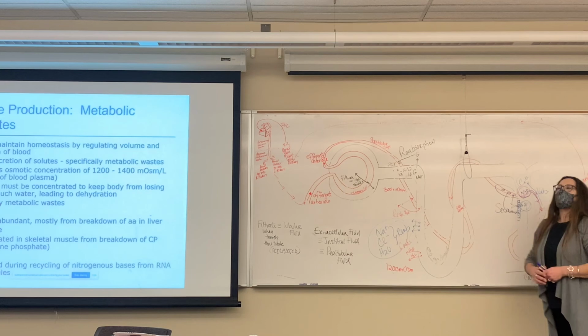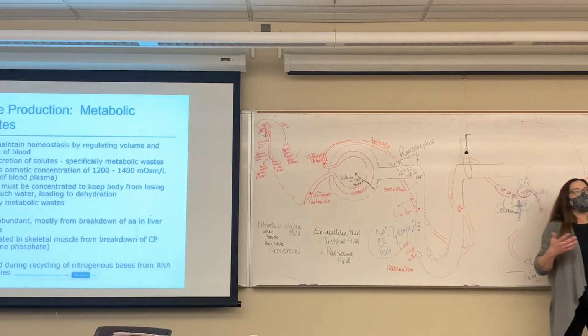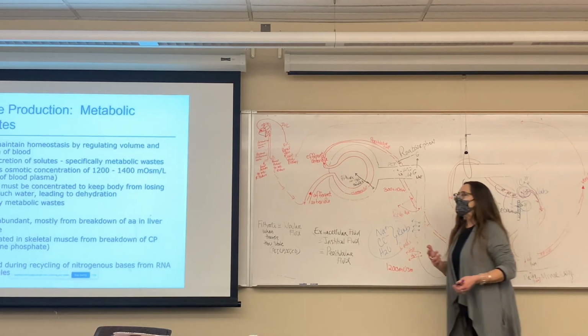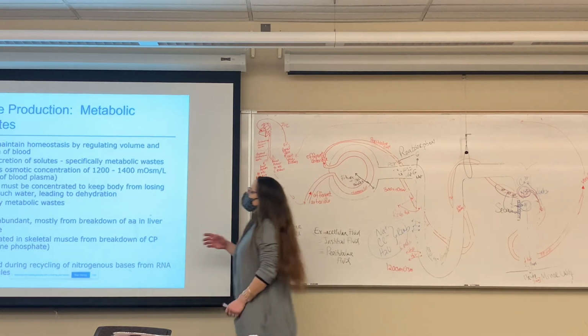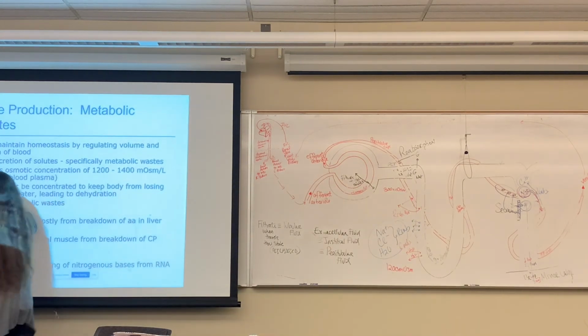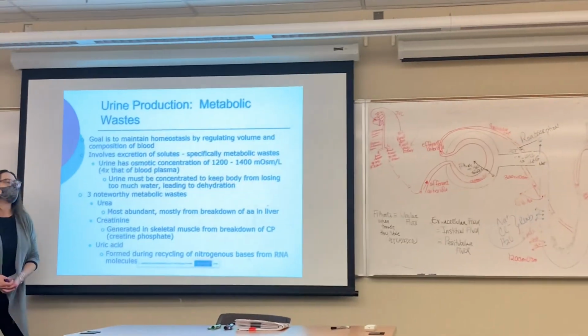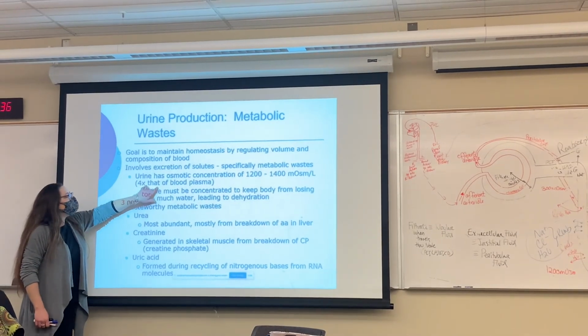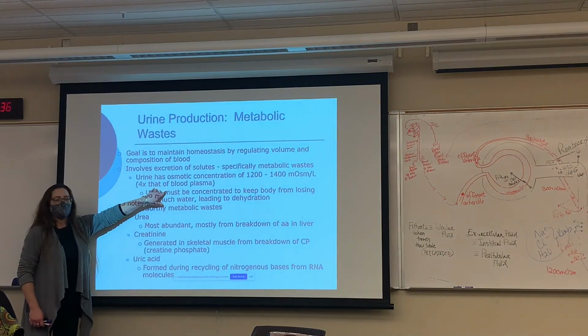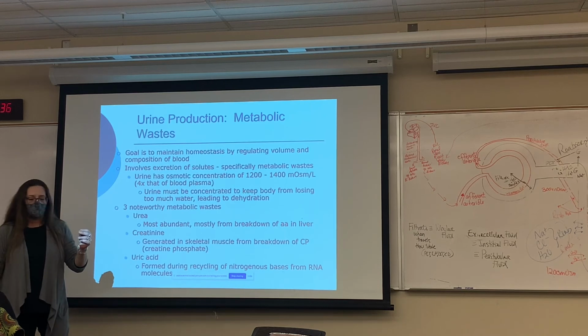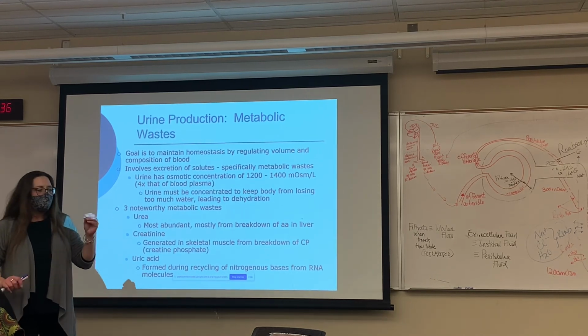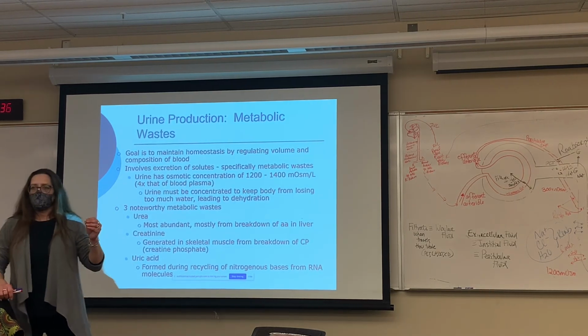Now, you might be thinking, I always hear that you don't want your urine too concentrated, right? It's all relative. When I talk about urine being 4 times more concentrated than your blood plasma, if you were to look at the color of this urine, it should be pale, so pale yellow that it's barely yellow.